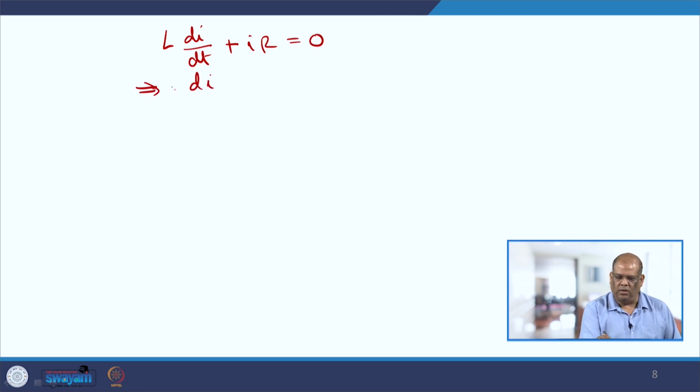Separation of variables gives you di by I equal to minus R by L dt.